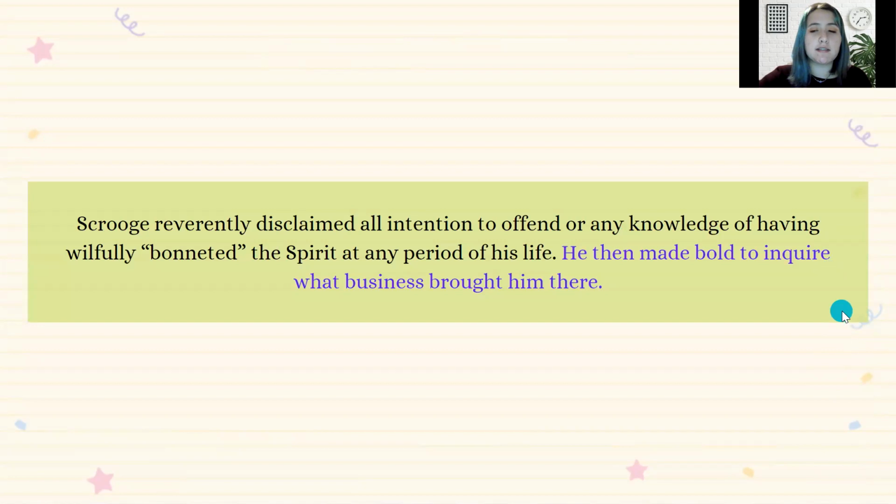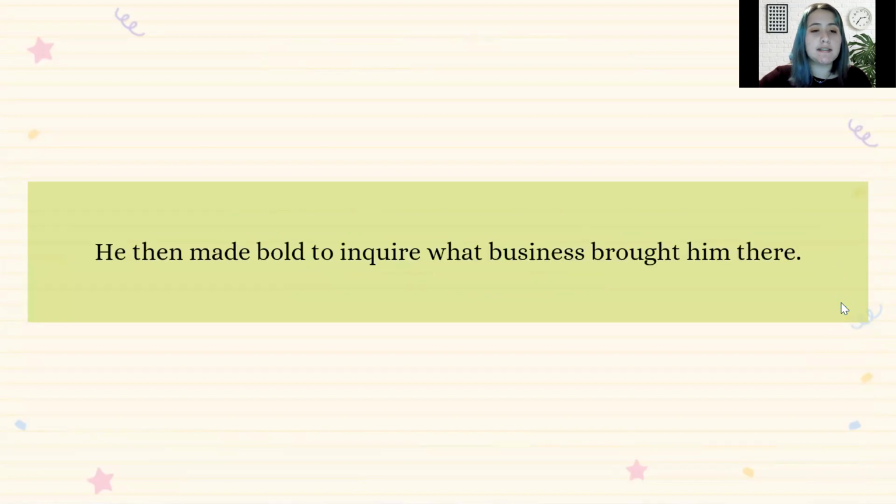This is the next paragraph with the sentence in isolation, and we look for verbs. Made and brought. So who made bold? He made bold. Who or what brought him there? The business brought him there. The linking element is what.